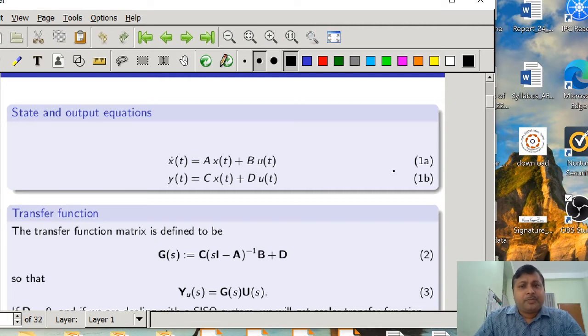But our aim is to discuss some of the canonical or standard realizations out of that. You can ask what is the motivation to find certain canonical or standard realizations, because later we will see that some of the realizations will be helpful to analyze the system behavior.